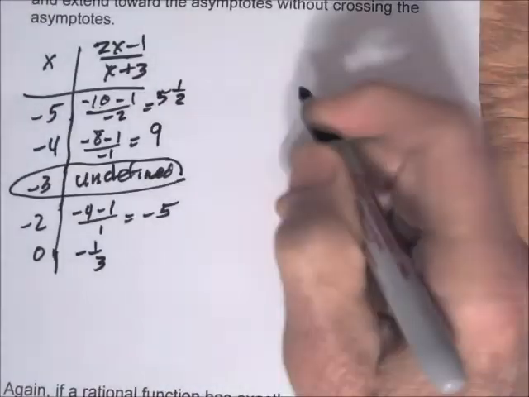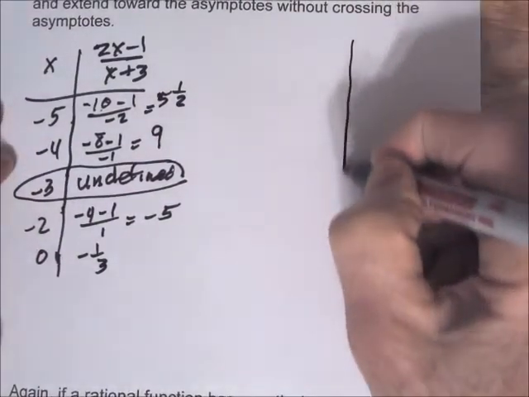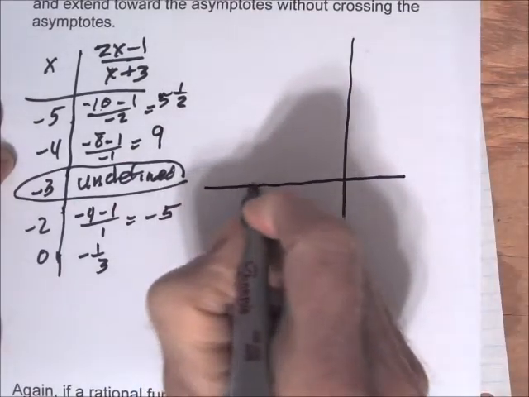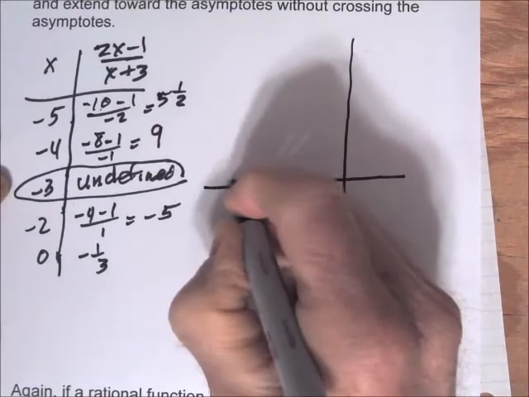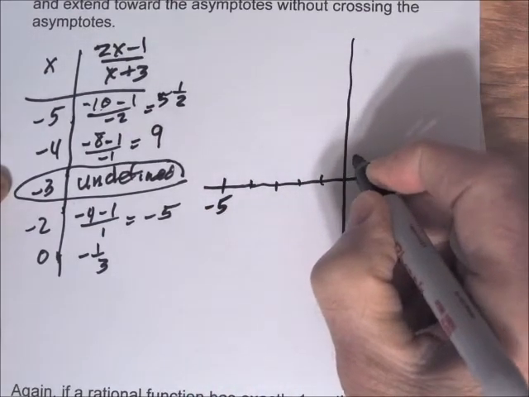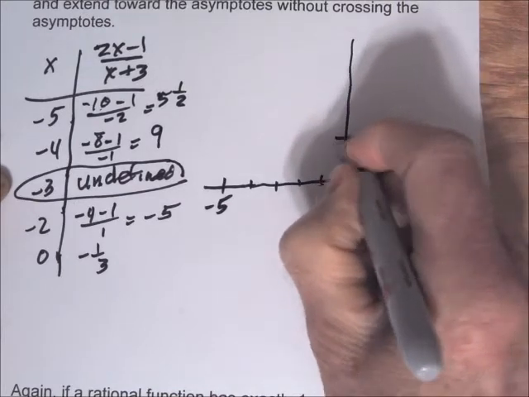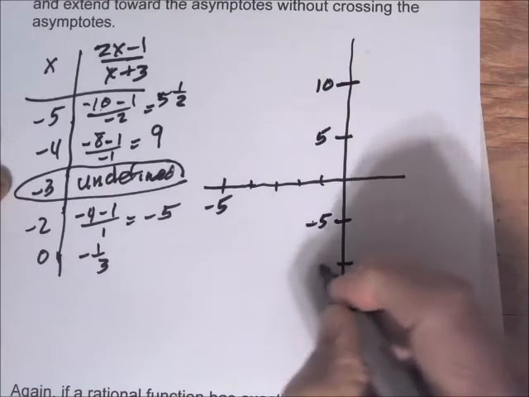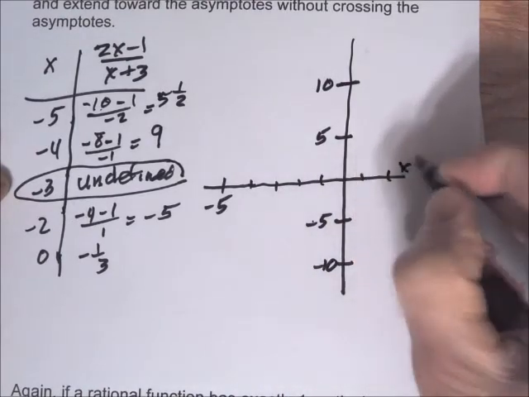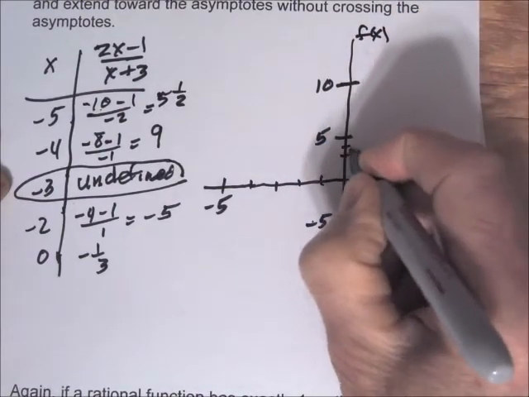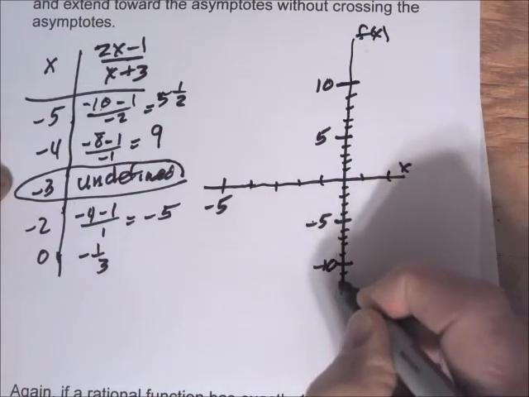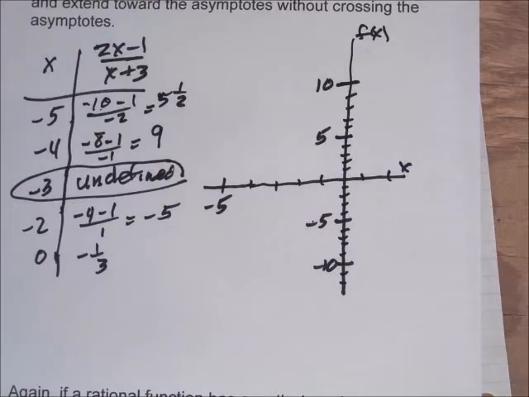Okay, so then we can plot the points. So we have 1, 2, 3, 4, 5, and let's say 5, 10.